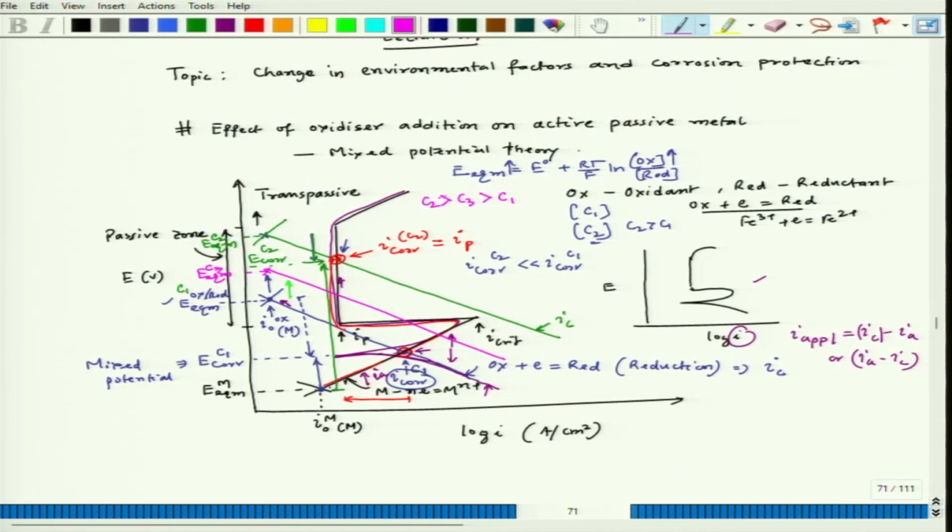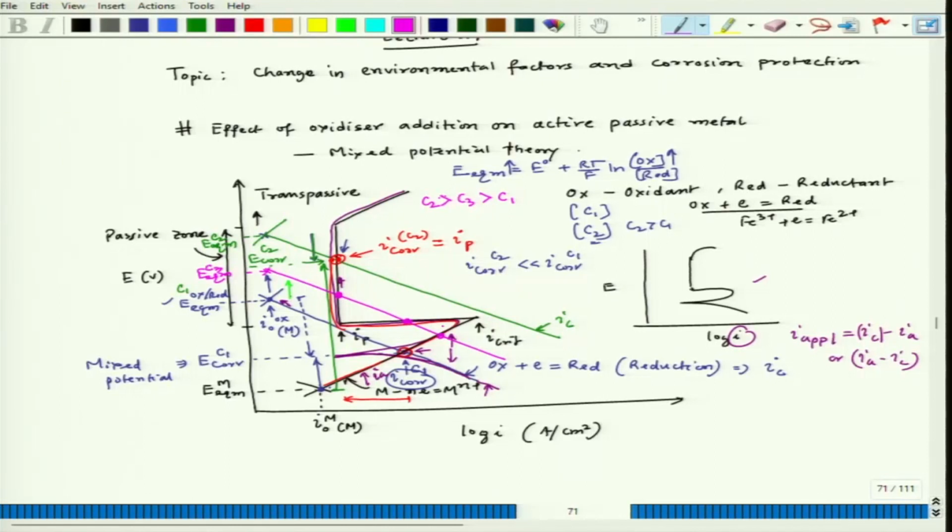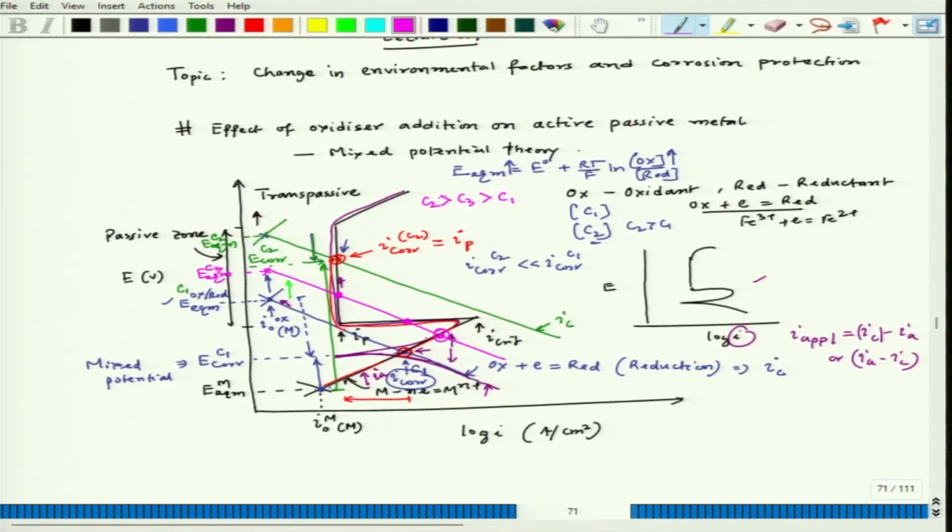So, in that case I could see that at this location I can maintain mixed potential, where total rate of cathodic reaction is equal to total rate of anodic reaction, because at those locations I A equal to I C. So, as I have discussed in the previous lecture, in those cases generally the active zone will be selected, which is corresponding to this particular point, and it will have a rapid dissolution. So, the stable passivity will not be achieved and it will maintain in the active zone.